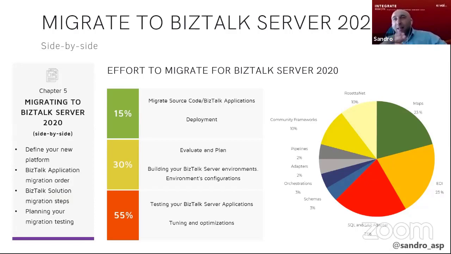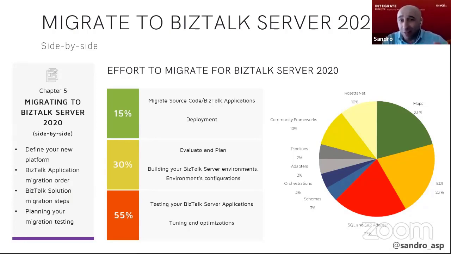If you are migrating from a previous version to 2020, what may be the most painful situations? Community frameworks. RosettaNet has some issues because 2020 removed the old SQL adapter.